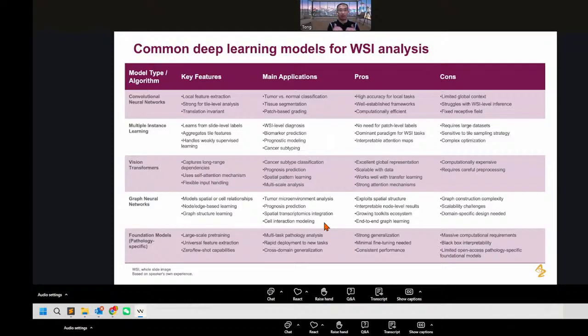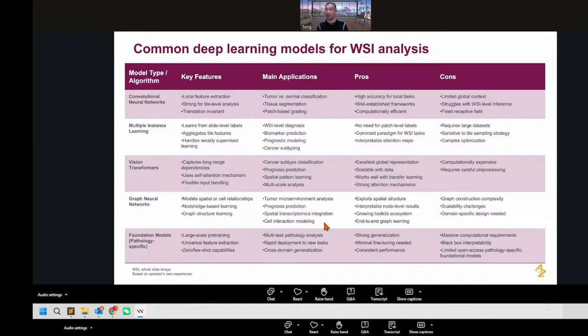But the most common deep learning models for whole slide imaging analysis today are listed here. The very top one is called the convolutional neural network, often called CNN. If you see CNN in the computation or AI world, it's not a news agency.